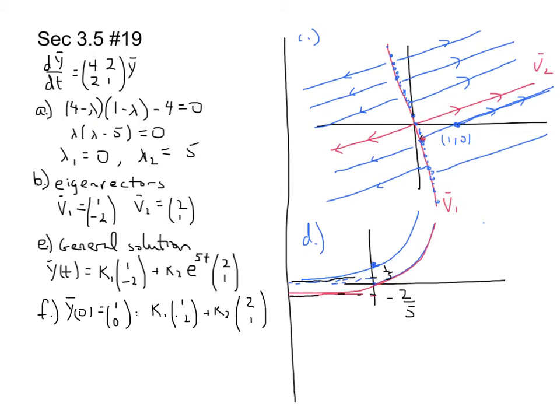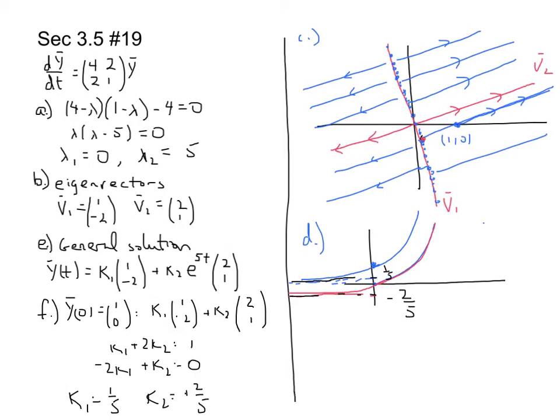I get the statement that k1 plus 2k2 is 1, and -2k1 plus k2 is equal to 0. I've done these out, and you will see for sure that k1 ends up being 1/5, and k2 ends up being 2/5.